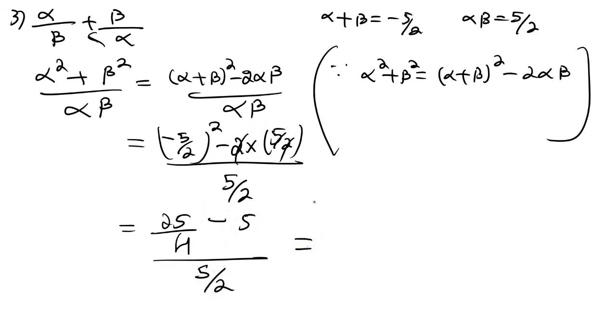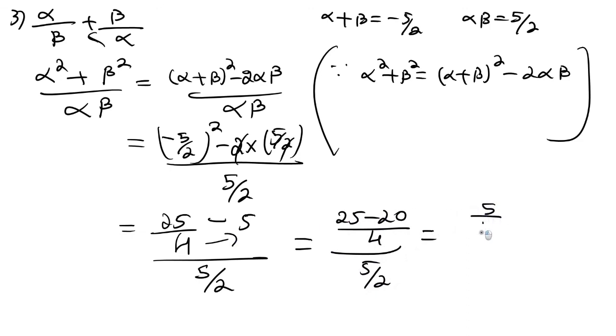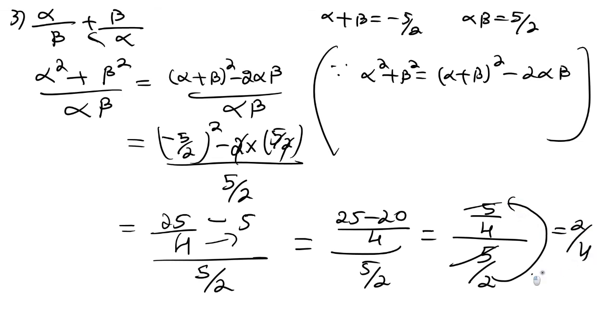Cross multiply, 25 minus 20 by 4 divided by 5 by 2. It's equal to 25 minus 20 is 5 by 4 divided by 5 by 2. Here 5 cancels. So this 2 moves to the numerator, you will get 2 by 4. 2 by 4 value is 1 by 2.